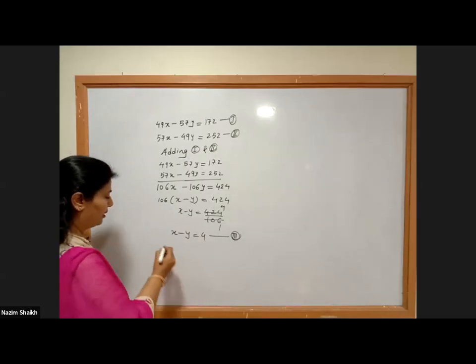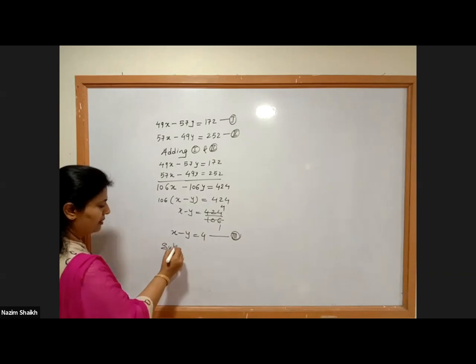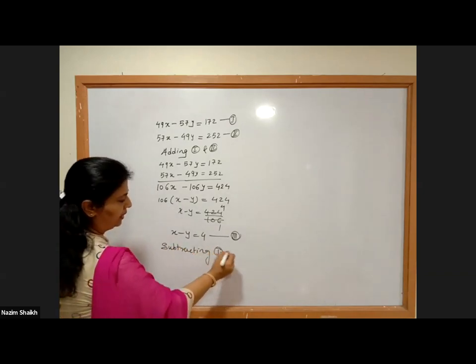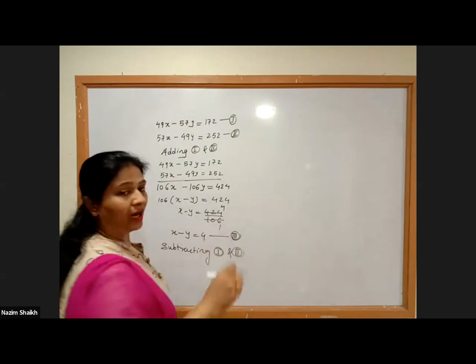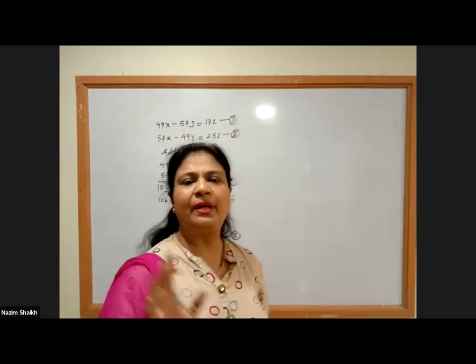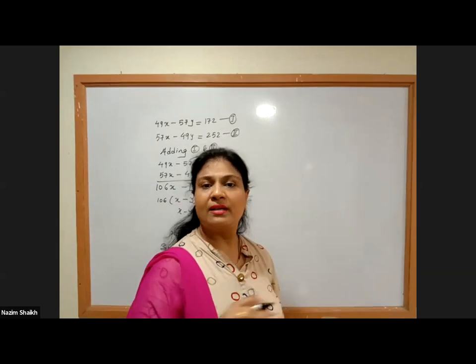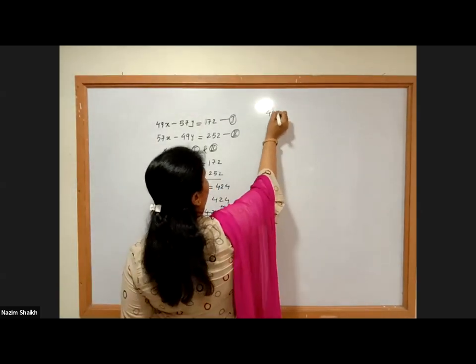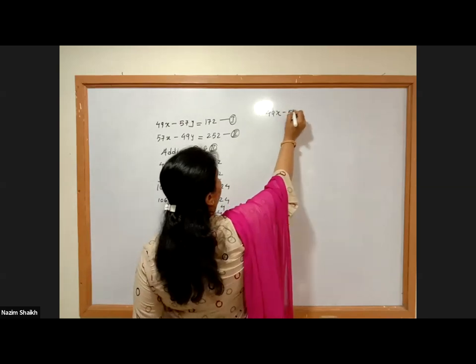Okay. Now we are going to do the subtraction. So subtracting equation 1 and equation 2, again same equation 1 and 2 we are going to subtract. So 49x minus 57y equals to 172.